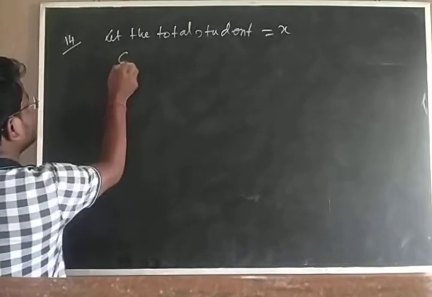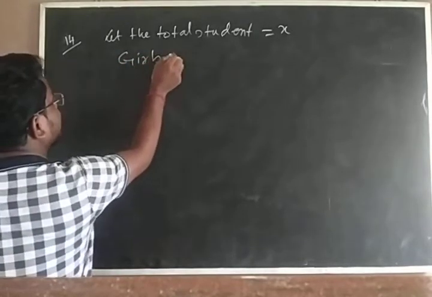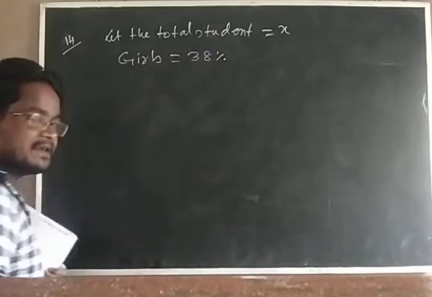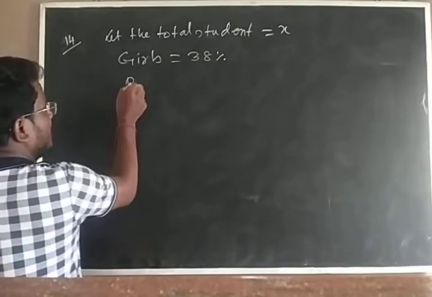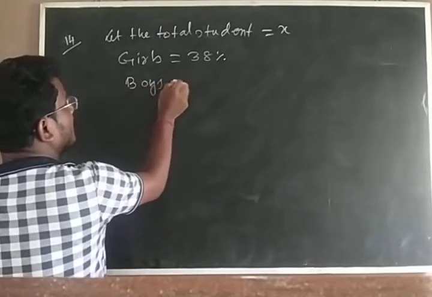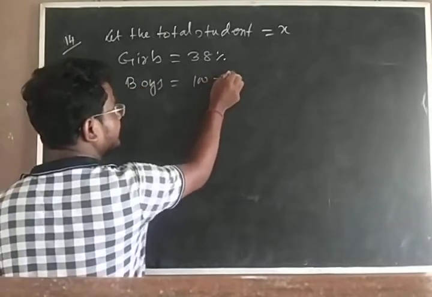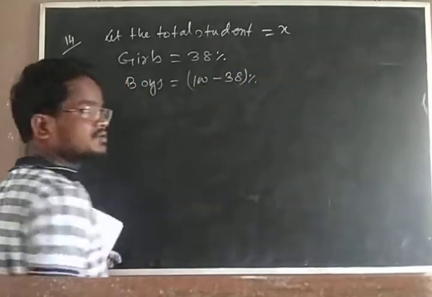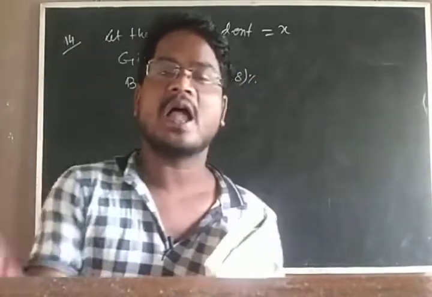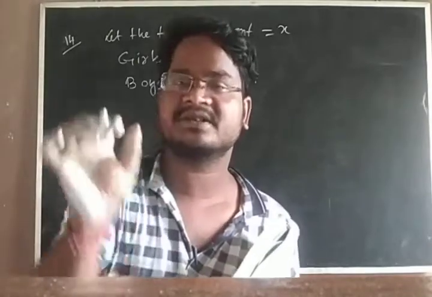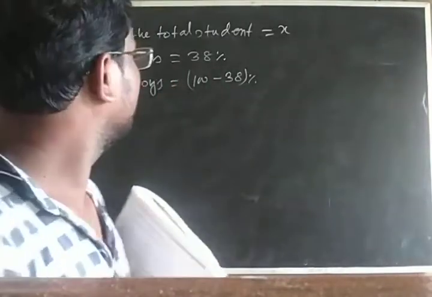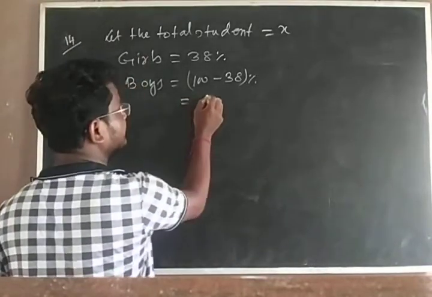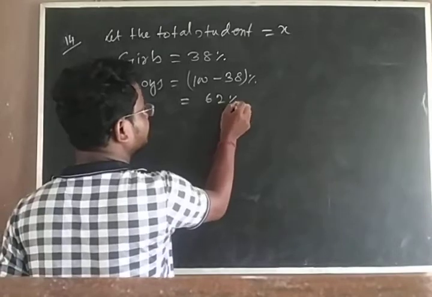Here girls equal how much? Girls equal 38%. If 38% is the girls, then how much is the boys? Boys equal 100 minus 38%, because the rest are the boys. In a school, total students equal 100%. Out of 100%, 38% is the girls. Then what will be the boys? The boys is 100 minus 38, then it will be 62%.